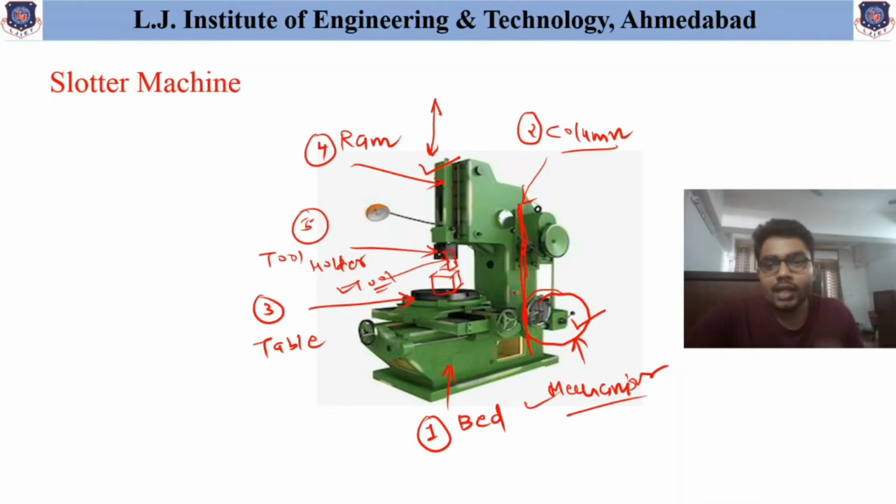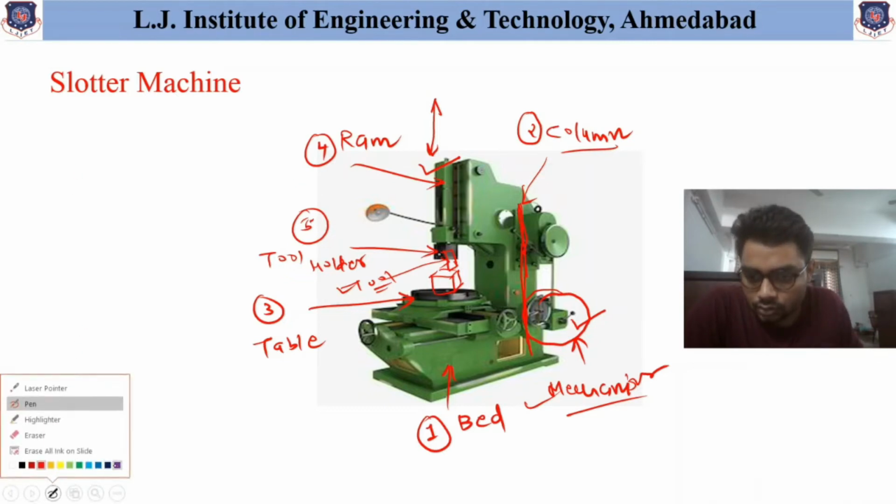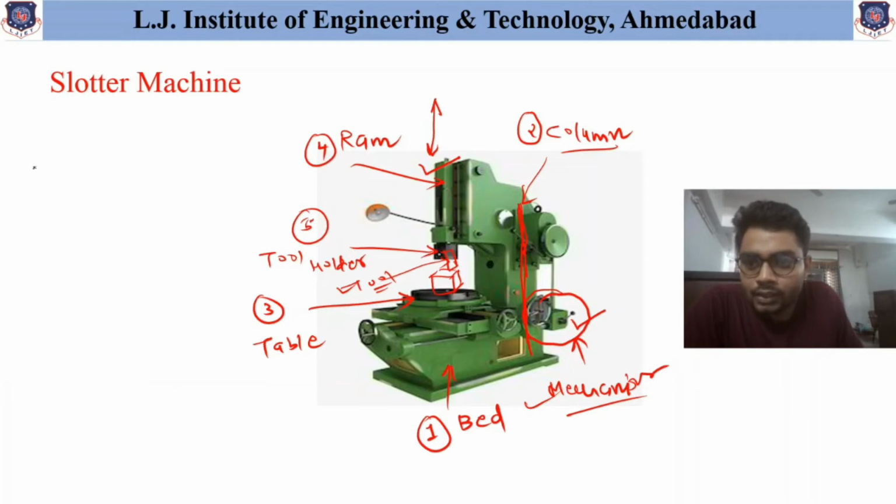And now let us list the common parts available in the shaper machine, planer machine and slotter machine. The first common part available in all of these machines, shaper, slotter and planer, is the bed, which is used to hold and support the entire structure.